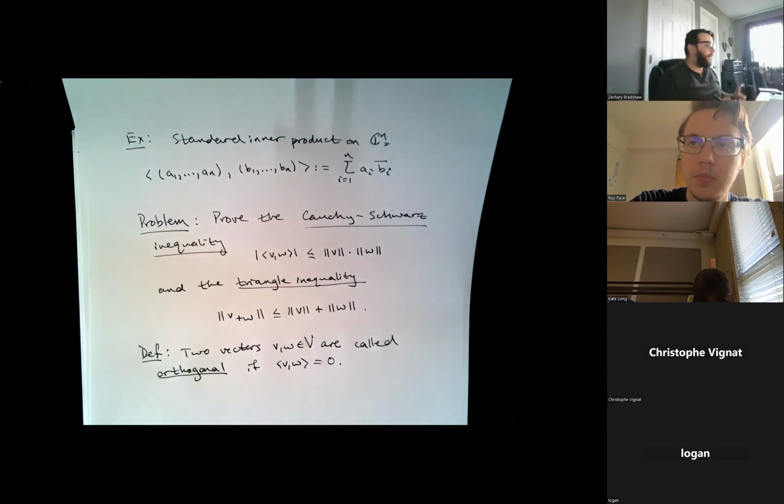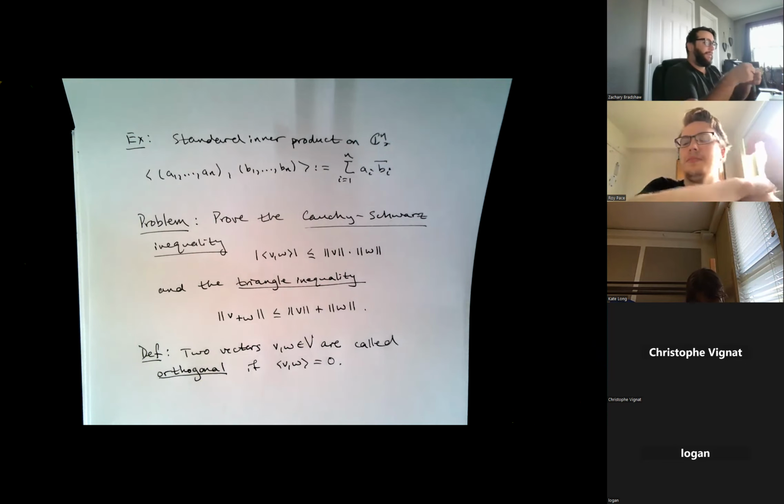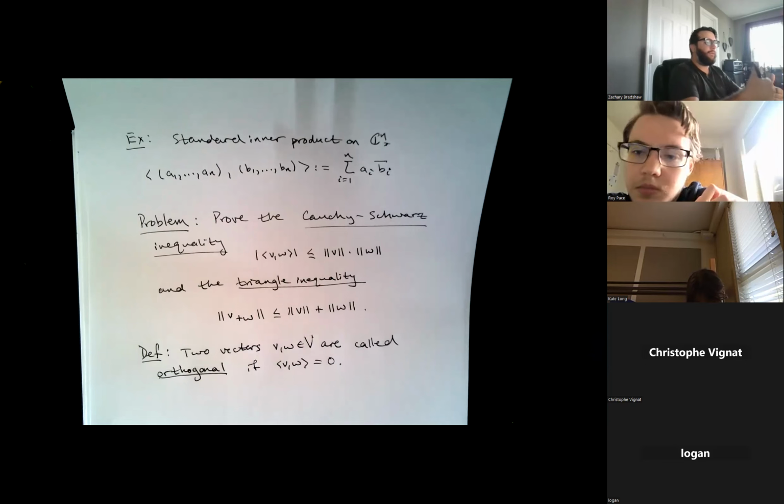We can extend this notion to an entire set: if all of the elements in the set are mutually orthogonal, we call the set orthogonal. If they have the additional property that the norm of each element is 1, then that set is called orthonormal. So orthogonality plus unit norm means orthonormal.